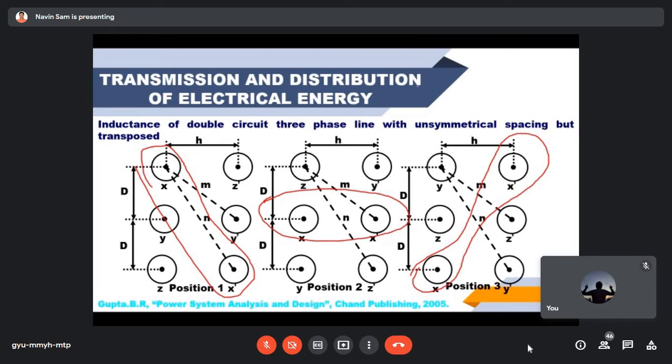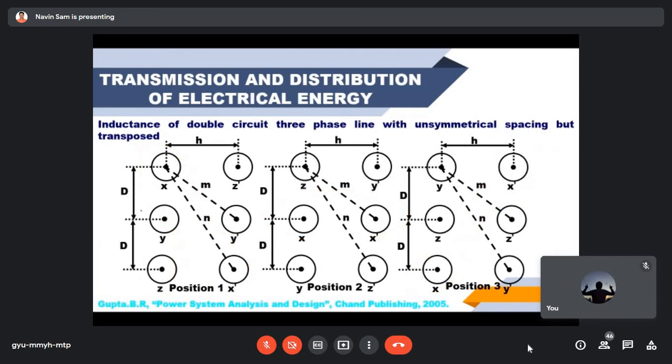In the same fashion, if you look at the Y conductors, Y first takes this position, second this one, and third this one.